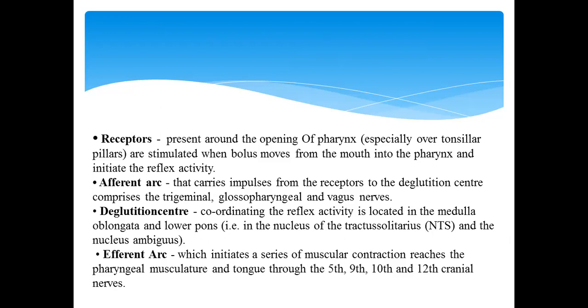The efferent arc, which initiates a series of muscular contractions, reaches the pharyngeal musculature and tongue through the 5th, 9th, 10th, and 12th cranial nerves.